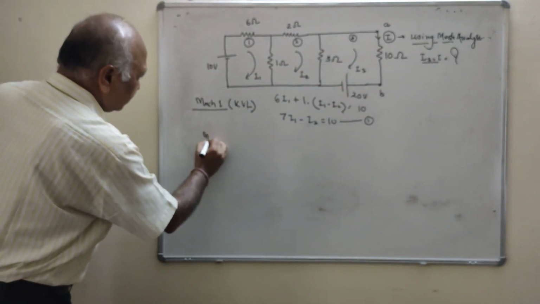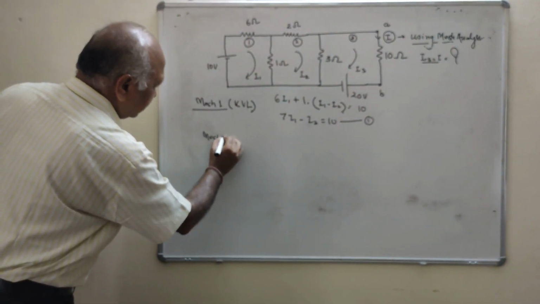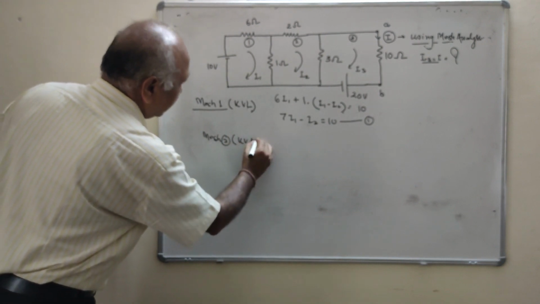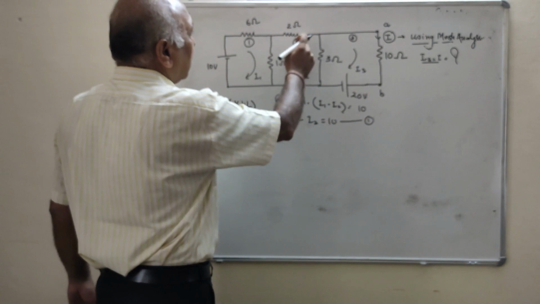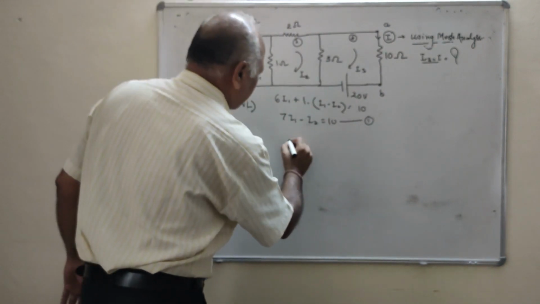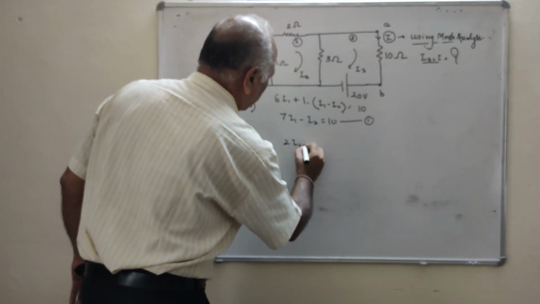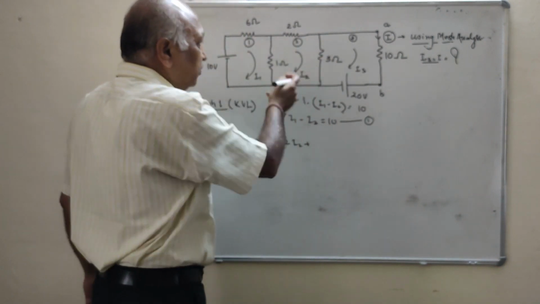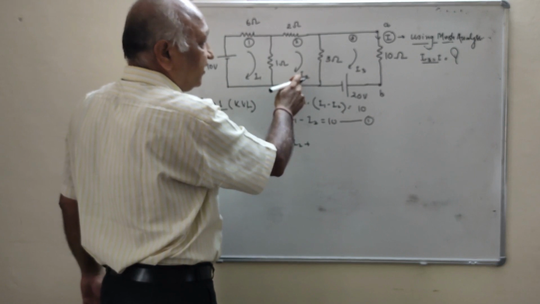Mesh 2. Apply KVL. You will see what is the drop here in the 2 ohm resistance. That is 2I2, plus what is the drop here? 3. I2 is the dominating current, so it will be taken as positive.